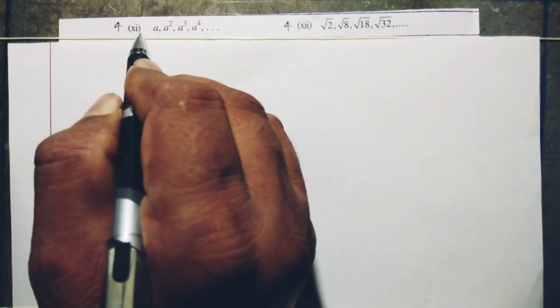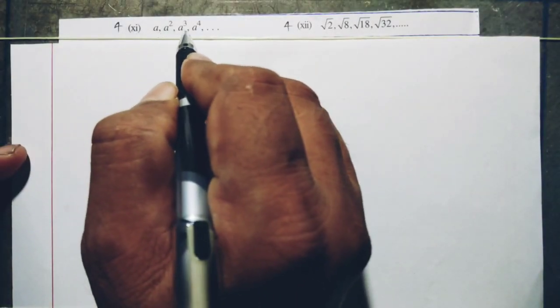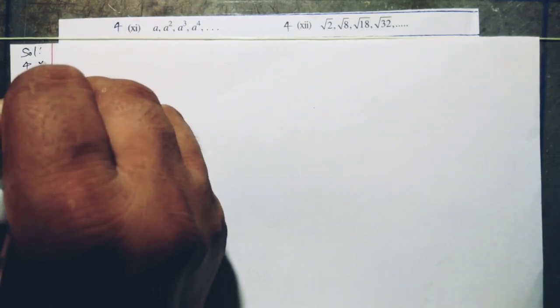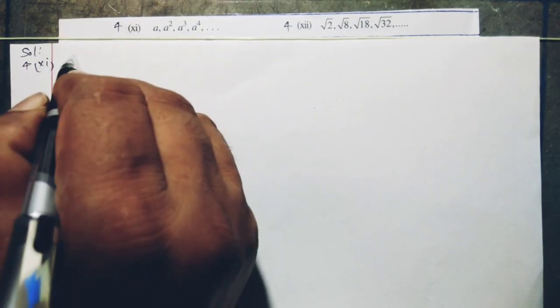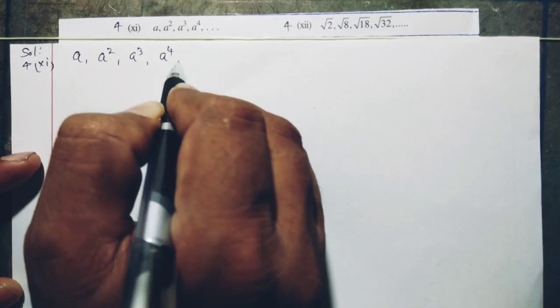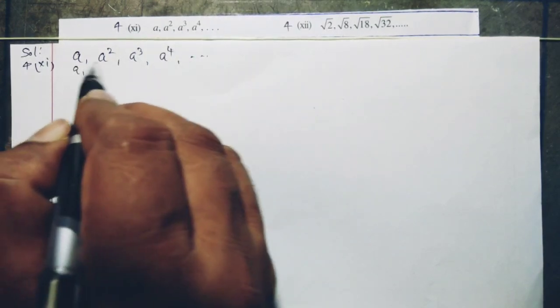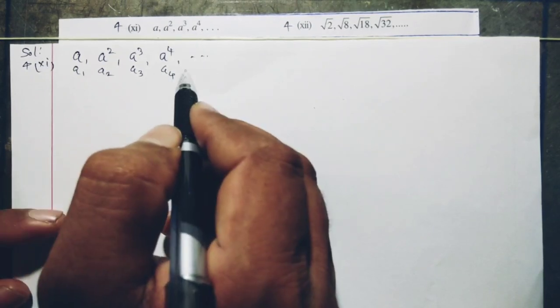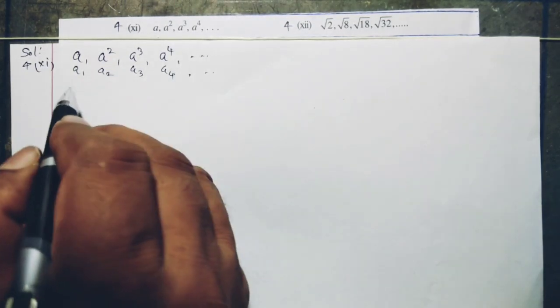Fourth bit, 11th problem: a square, a cube, a to the power of 4. Solution: given a square, a cube, a to the power of 4, and so on, the first, second, third, fourth terms.